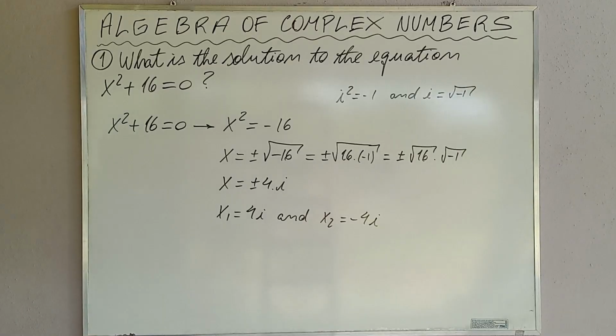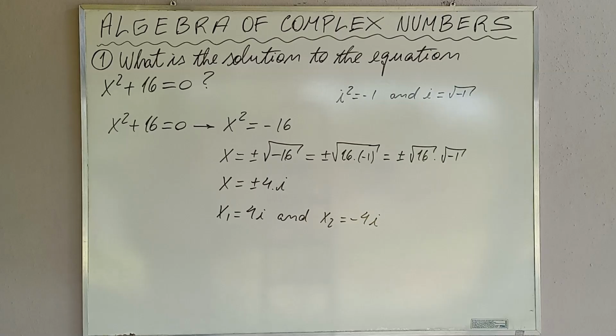These are the solutions to the equation x squared plus 16 equal to 0. Therefore, we find that x equal to 4i and x equal to negative 4i are the solutions of the equation x squared plus 16 equal to 0.